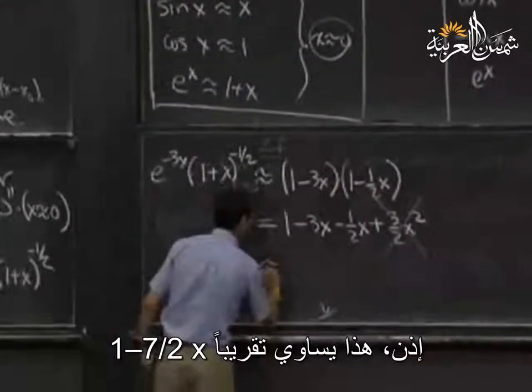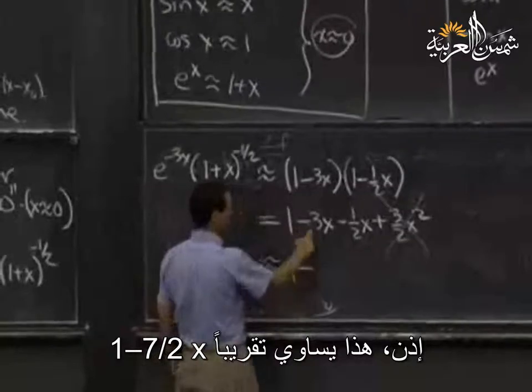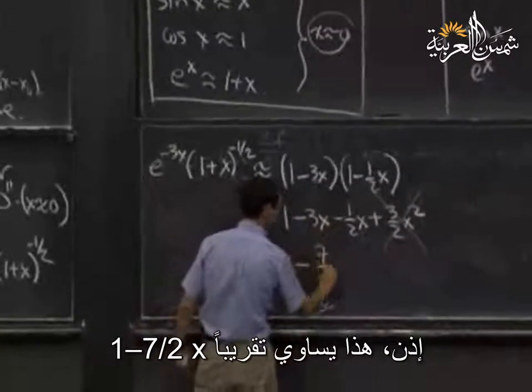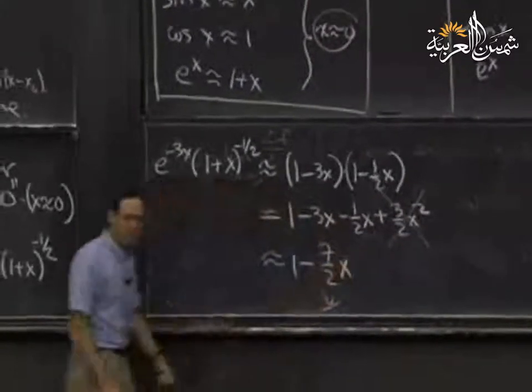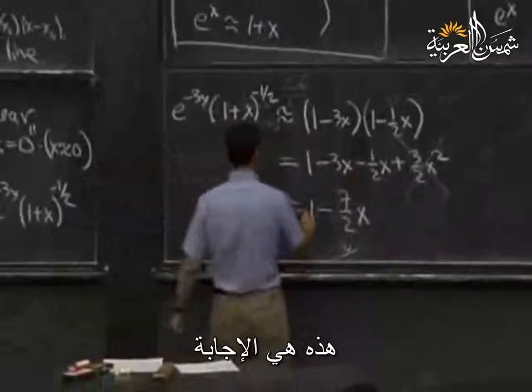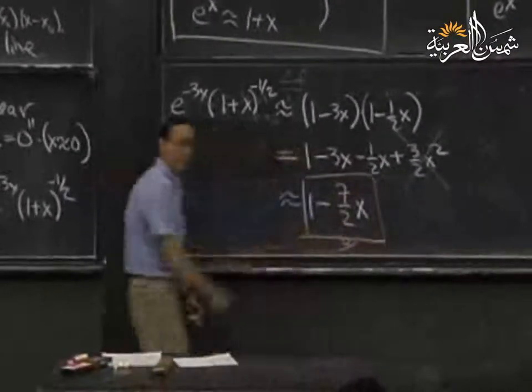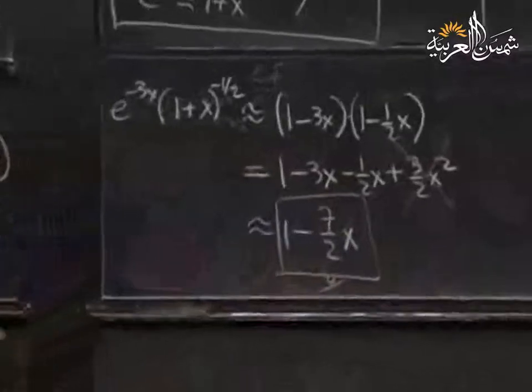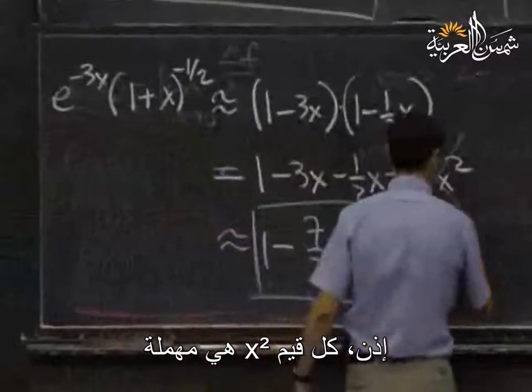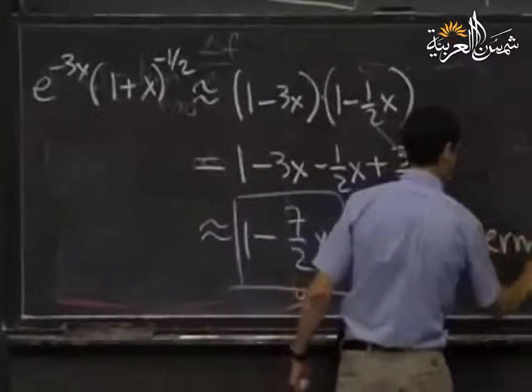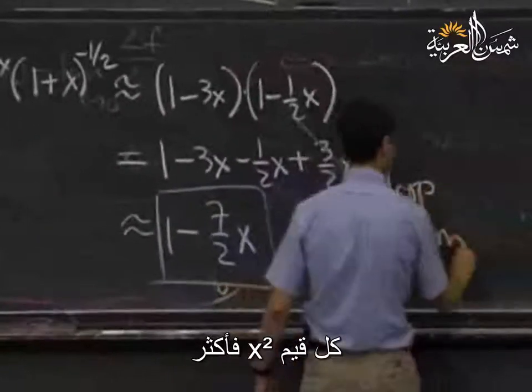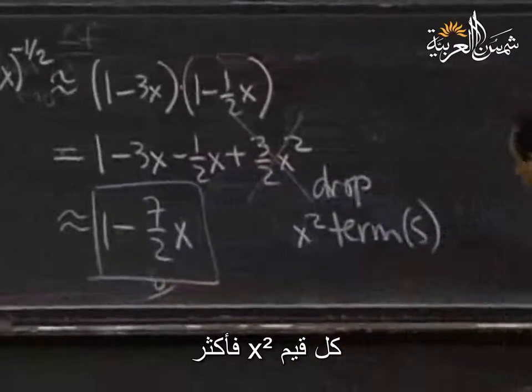So this is approximately 1 minus, so let's see, it's a total of 7 halves x. All right? And this is the answer. This is the linear part. So the x squared term is negligible. So we drop x squared terms and higher.